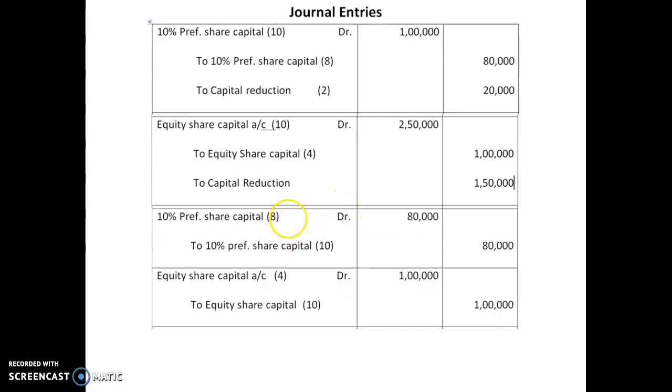Then the company decided to consolidate both the equity shares and preference shares into shares of rupees 10 each. At present, the 10% preference share capital is of rupees 8. You could see it in the first entry: the rupees 10 share has been reduced to rupees 8. Similarly, the rupees 10 equity share has been reduced to rupees 4.